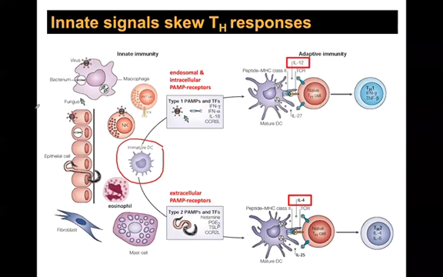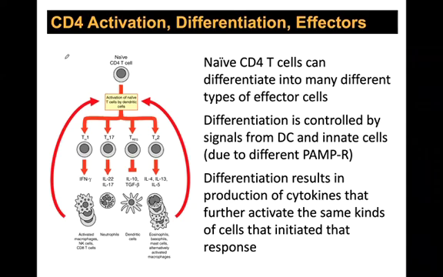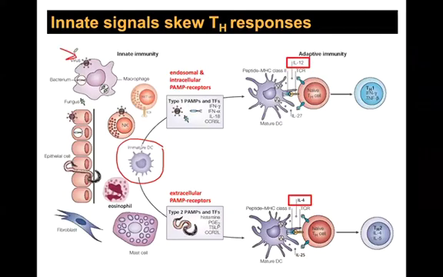So if it's a virus, here's our virus, it's getting in. If that dendritic cell takes that up, it's going to get PAMP receptor signals from things like the endosomal TLRs and the RIG-like receptors. That's telling the cell this is an intracellular pathogen, and you need to make an appropriate response for intracellular pathogens.